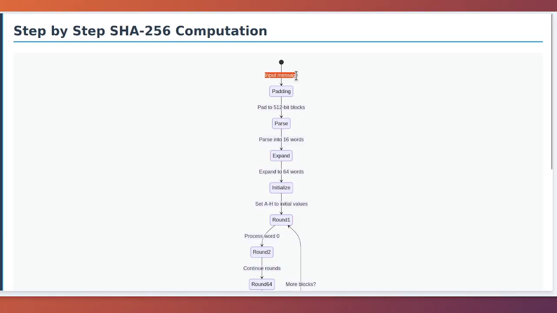The first step is preprocessing and padding. The ASCII values of A, B, and C are 97, 98, and 99 in decimal, or, in binary, 01100001 for the first value, 01100010 for the second value, and 01100011 for the third value.